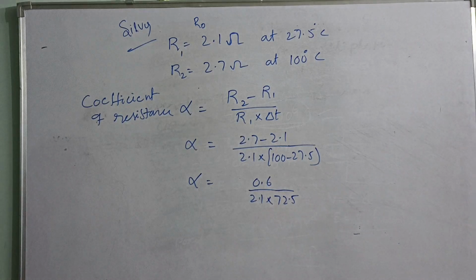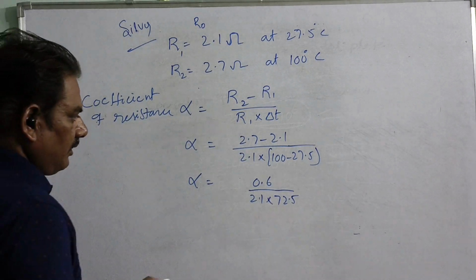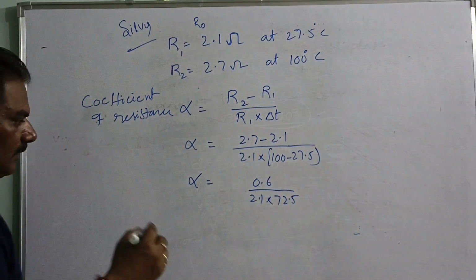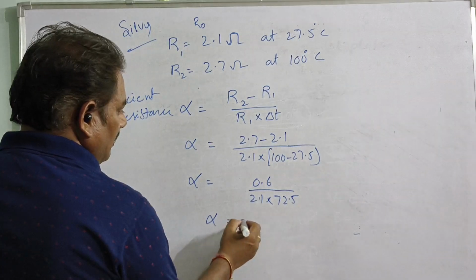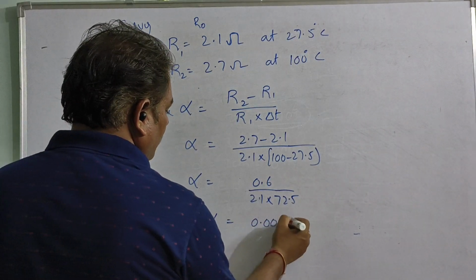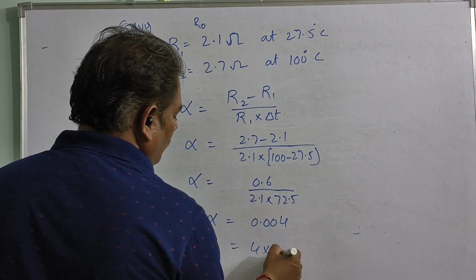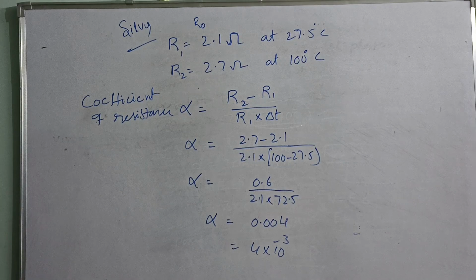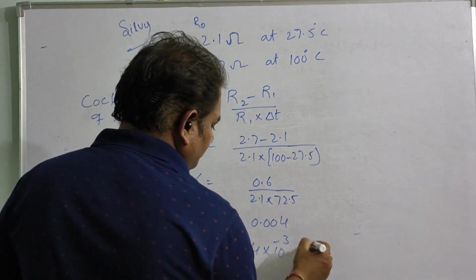Finally, the alpha value is 0.004, that equals 4 into 10 power minus 3 per degree centigrade.